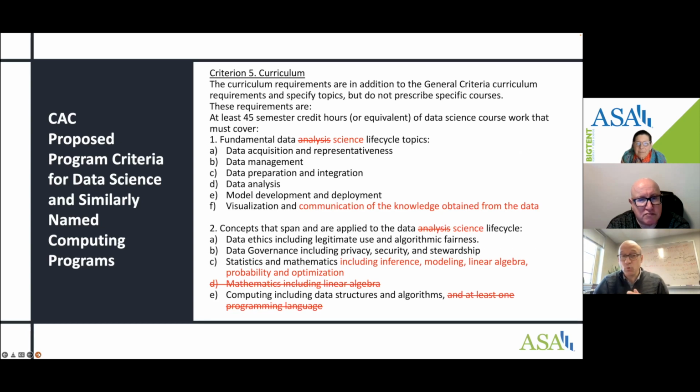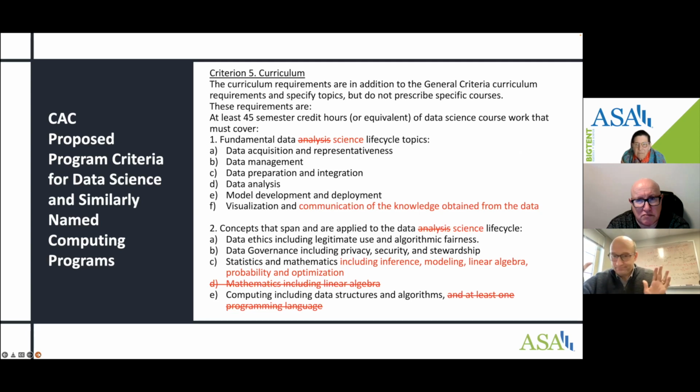Okay, now we get to the specific DS criteria in criterion 5, which is about the curriculum. And now you really start to see where the statistics community had a lot of influence in the modification of these DS criteria, which, by the way, had already been in existence for about a year by the time the ASA joined this party.